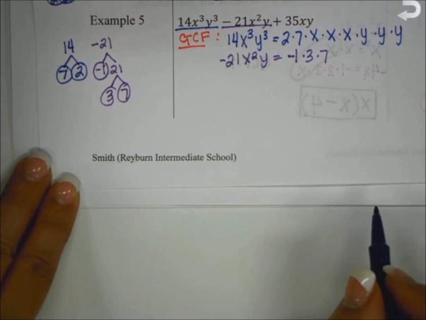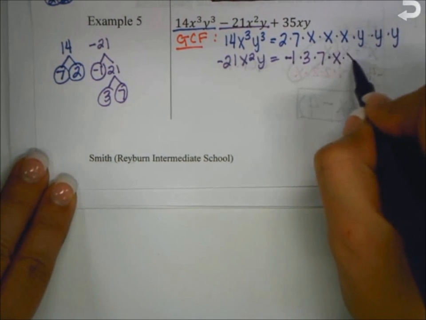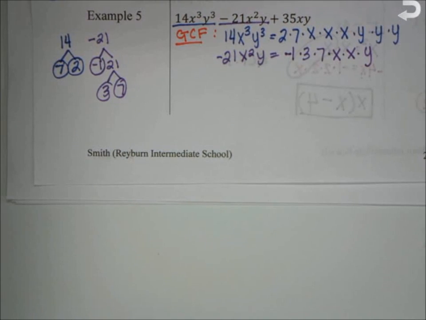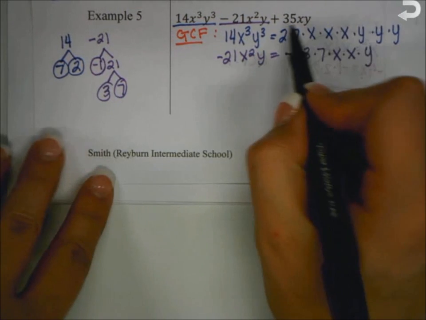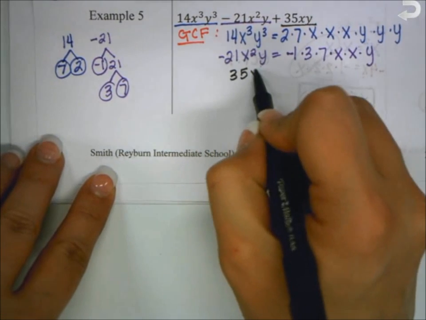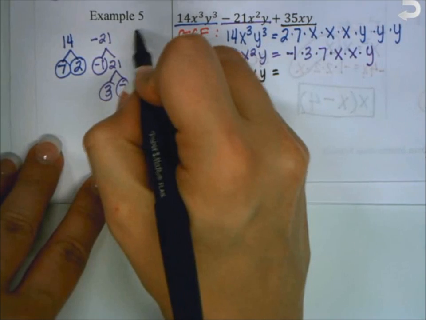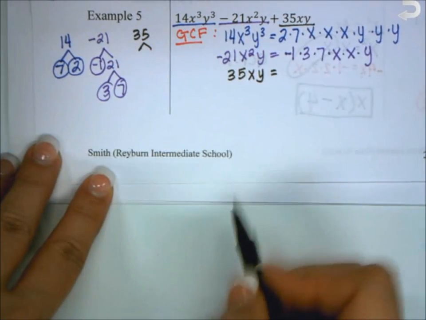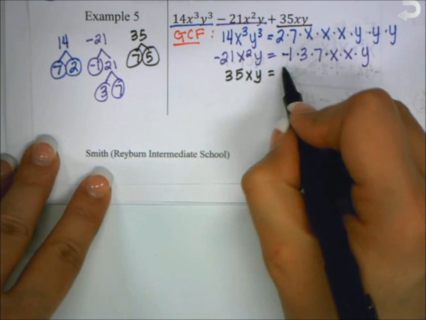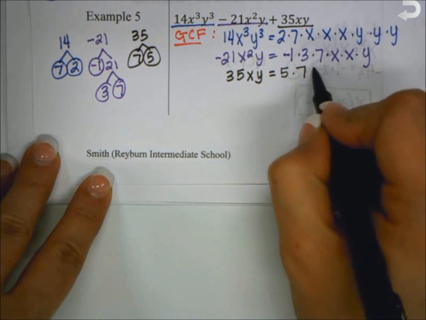We also have to break down 35xy. How does 35 break down? 7 times 5. Are those primes? Yep. So 5 times 7 times x times y. Excellent. Now we have to look at what all 3 have in common. So what do all 3 of these guys have in common? 7.